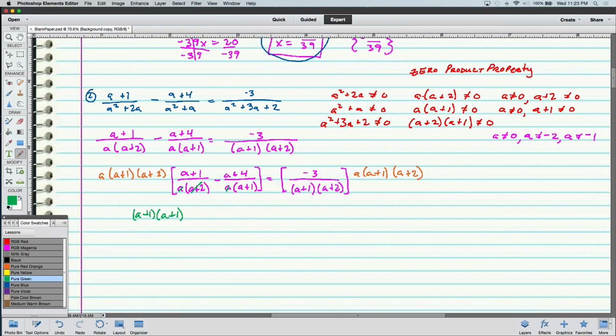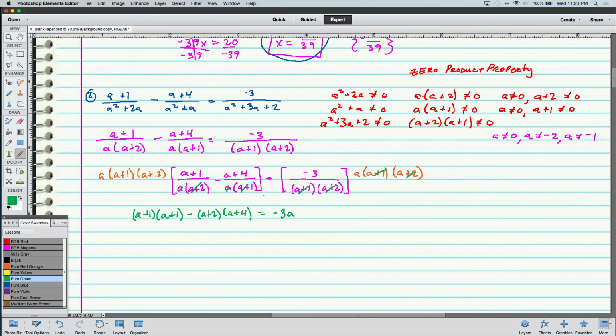Here, a and a plus 1 cancel, and we're left with a plus 2. So a plus 2 and a plus 4. And here we have a plus 1, a plus 2. Those are going to cancel, and we're left with only our a. So we cleared the fractions.